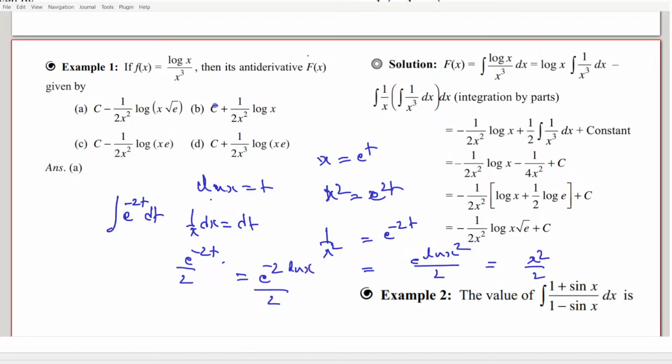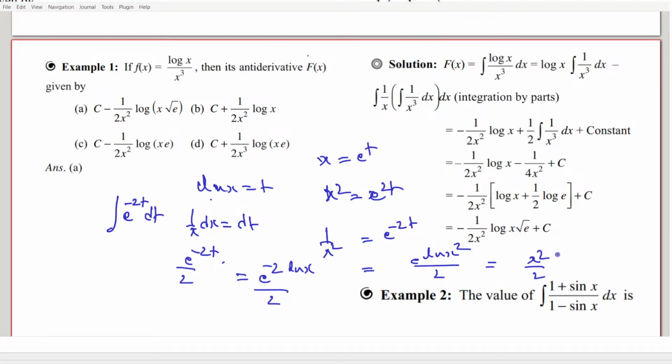So can we integrate it like this? ln x you are taking as t, 1 by x dx is dt, and 1 by x square, x is e power t. Did you miss something? The answer is not matching, no?